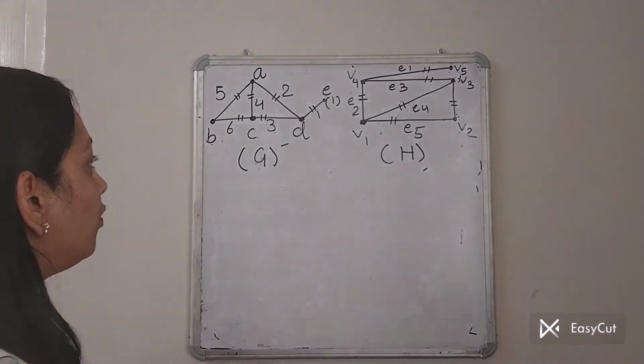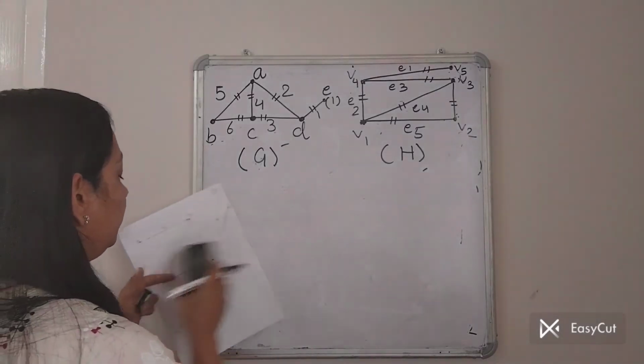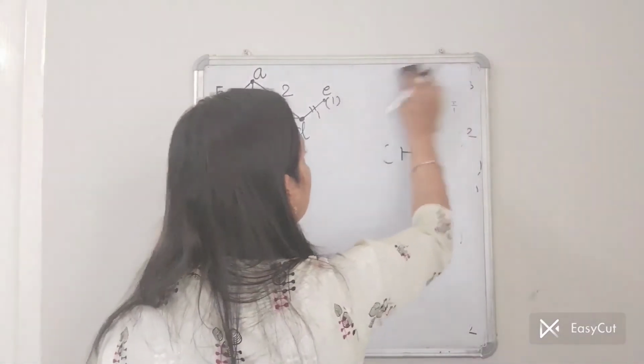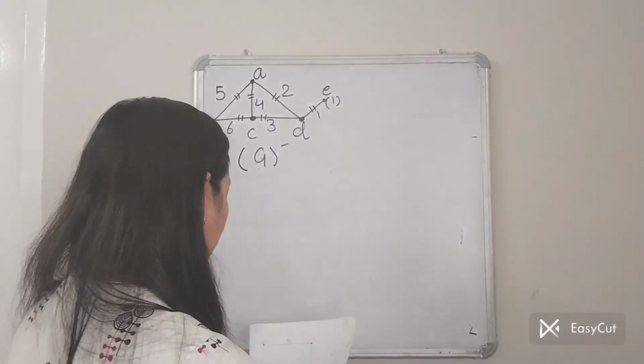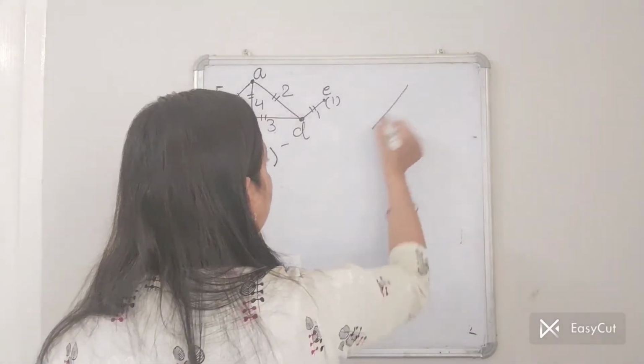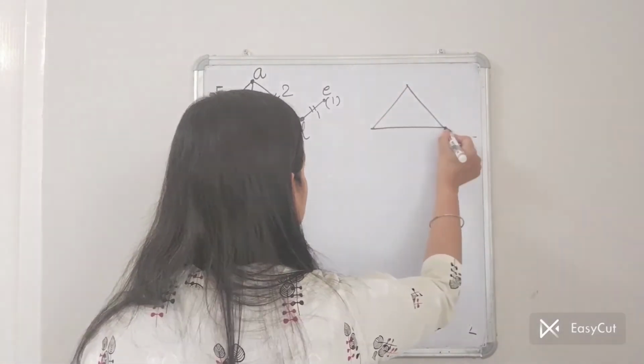So after flipping, we get a graph like this.